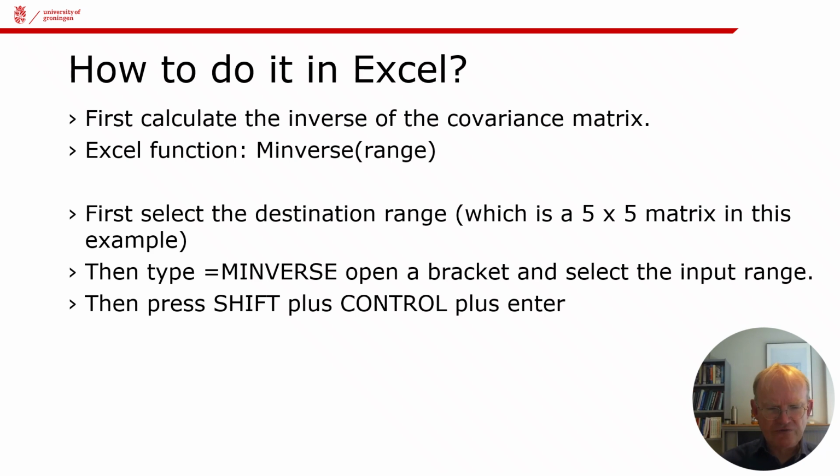So it's good practice to first select the destination range, in this case a 5 by 5 matrix, and then type equal MINVERSE, open a bracket and select the input range, enter a closing bracket and then press Shift Control Enter. As I told you before, probably your version of Excel no longer requires Shift Control Enter, but in any case, this is the safest way to do this.